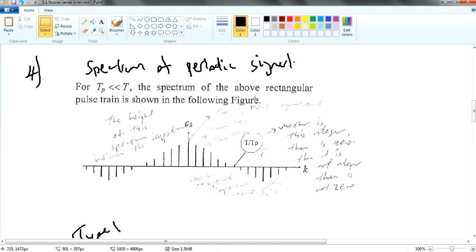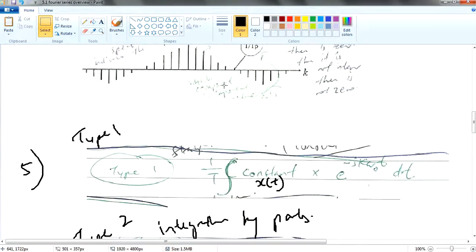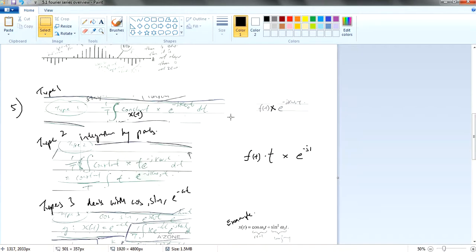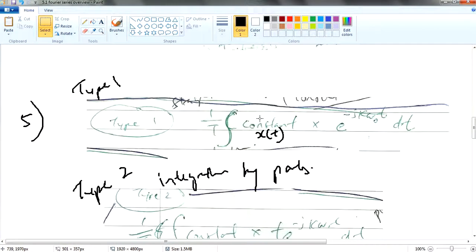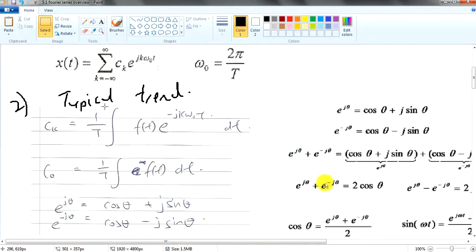And then type 1. So now let's zoom into the types of problems. The typical type 1 problem is the very simple one, which only reflects on this equation.